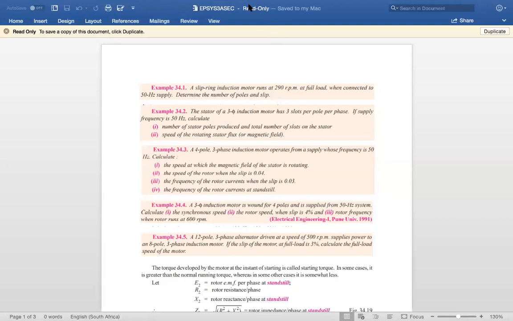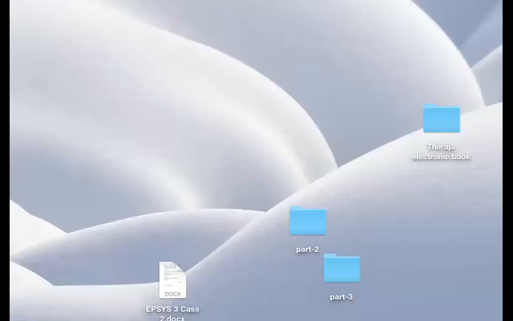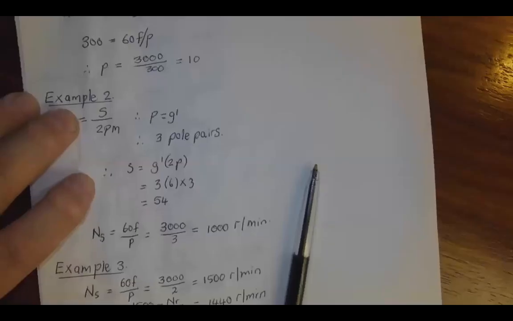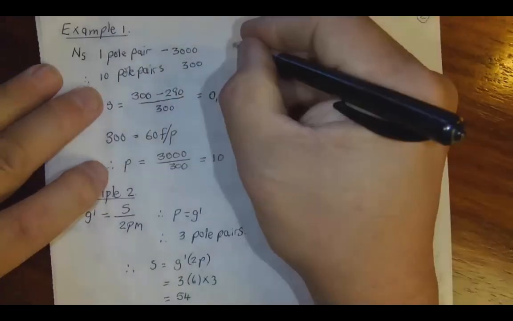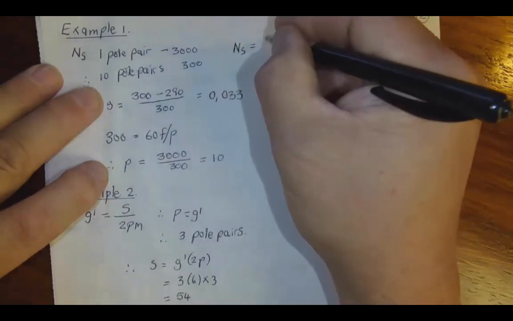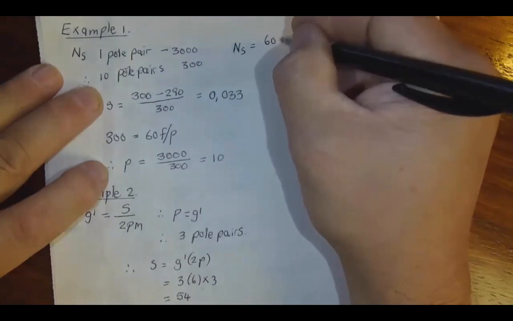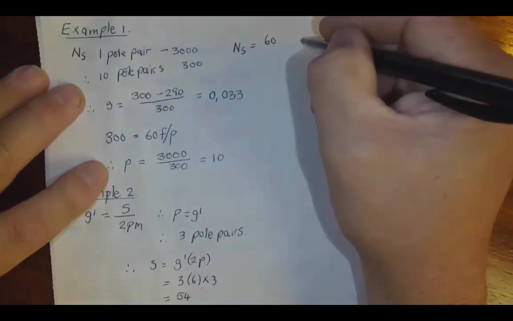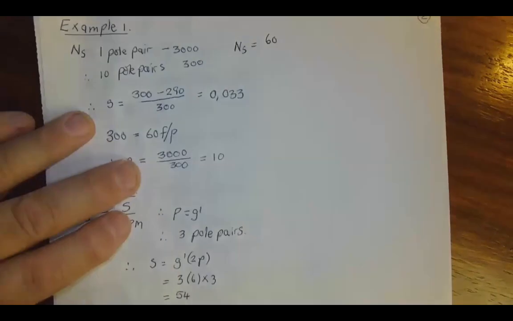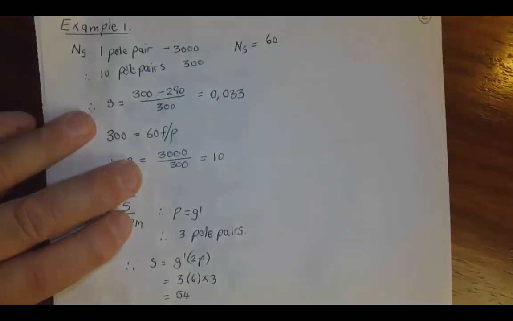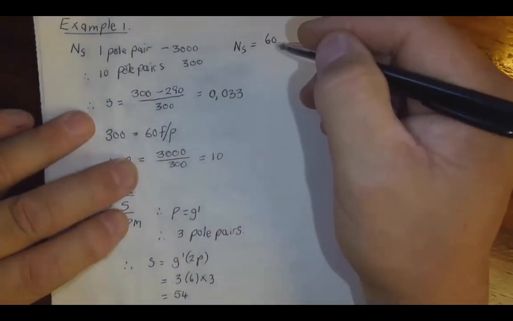Now, normally we know that for one pole pair, NS is 60F over P. So if we have one pair, it's going to be 3000 divided by 1.